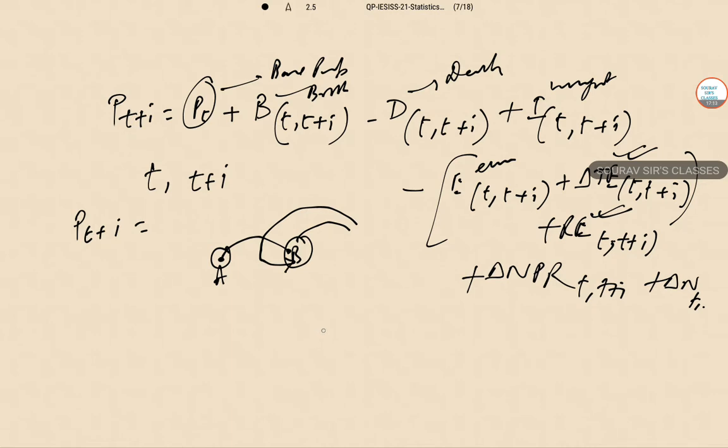NPR is net non-permanent residents, and delta N is net inter-provincial migration. So this can be done with respect to age and sex as well.